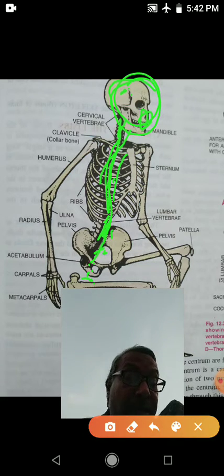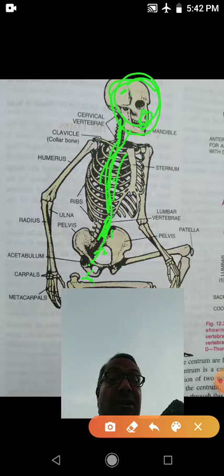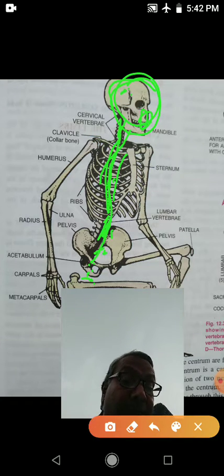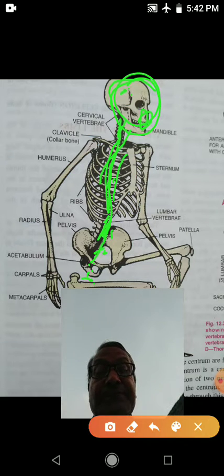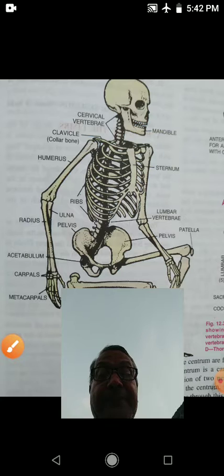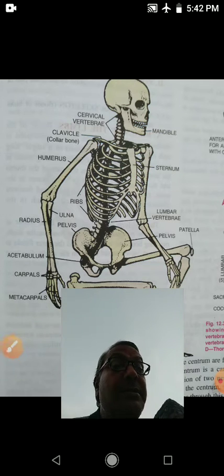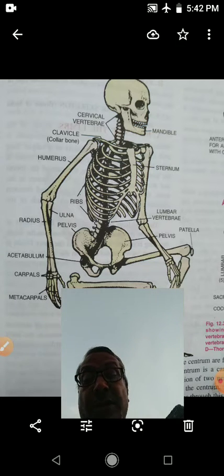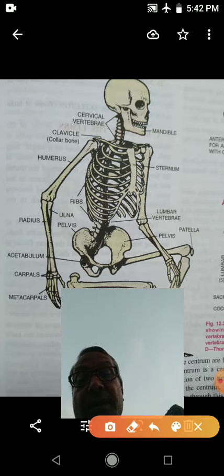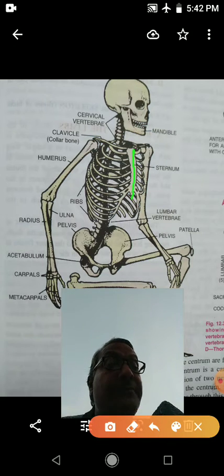After that, there are ribs. So there are 12 pairs of ribs present. In the ribs, 12 pairs of ribs are there, and one breastbone, that is called the sternum. So this bone is called the sternum or breastbone.